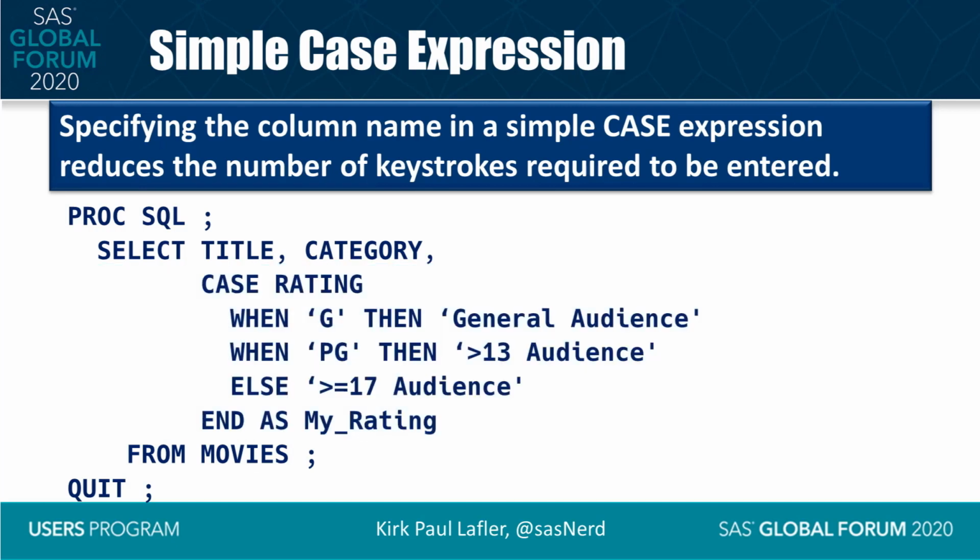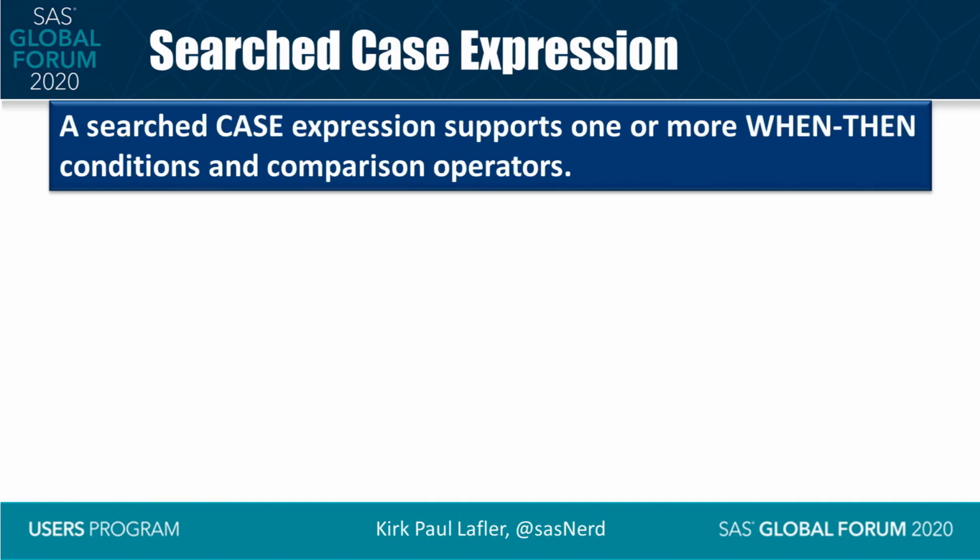So the end result of this is going to be title, category, and my rating. A searched case expression provides more robustness by supporting one or more when-then conditions and comparison and logical operators.